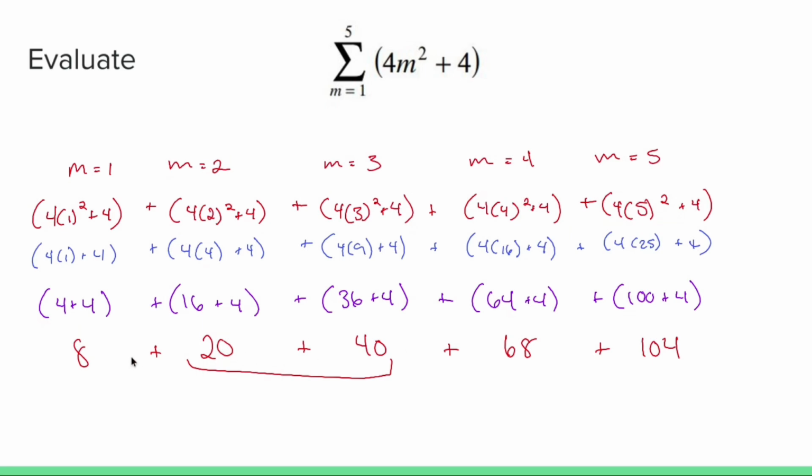So 60 plus 68 is 128? 128 plus 68 is 136, and 136 plus 104 is 240. So there you have it, sigma notation, also known as summation notation. You have a beginning, you have an end, you add the stuff. Tons of fun.